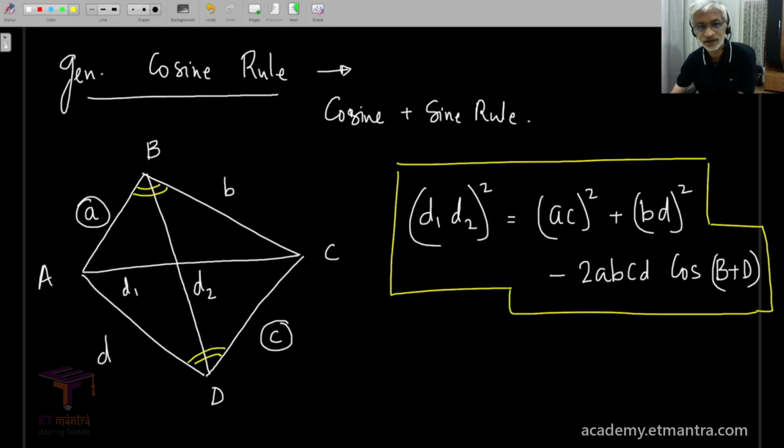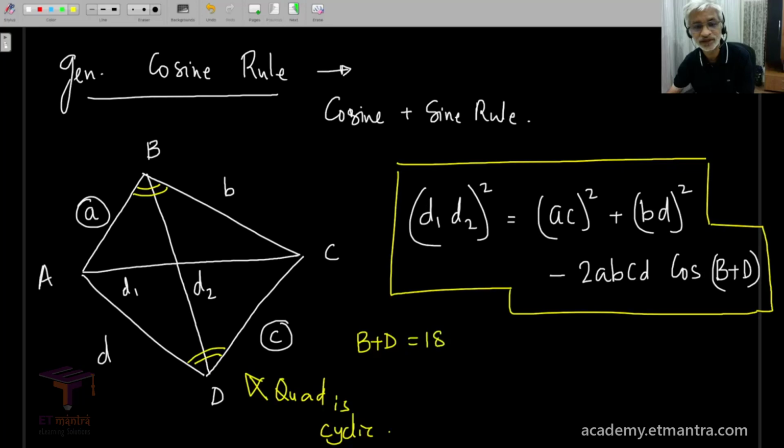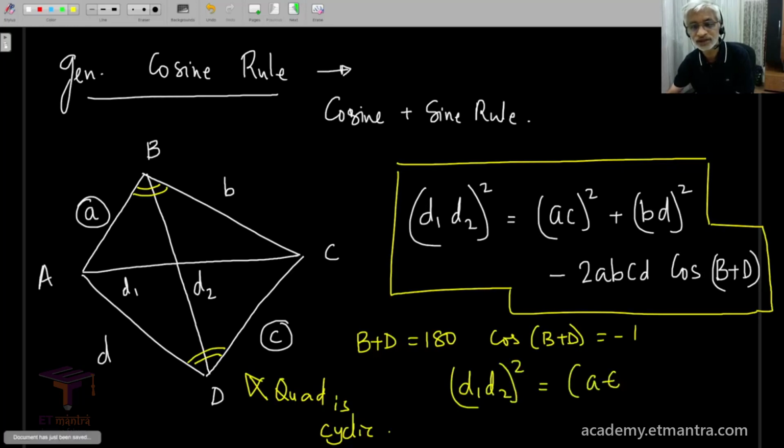So let's start. The first one is what happens if this quadrilateral is cyclic. Well, we all know what's going to happen. B plus D is going to be 180, and cos of B plus D will then be -1, and one quickly sees that (d1 d2) whole square is equal to (AC plus BD) whole square, and this implies that d1 d2 is equal to AC plus BD.